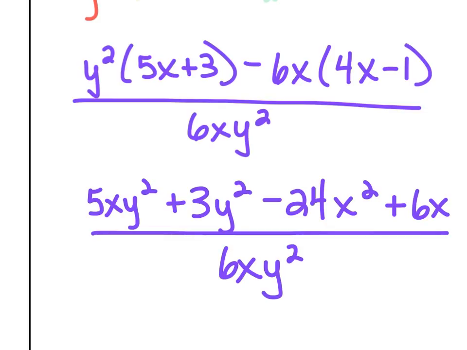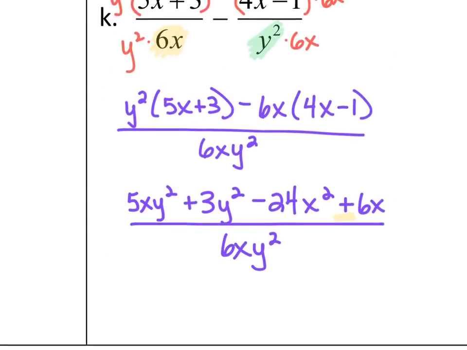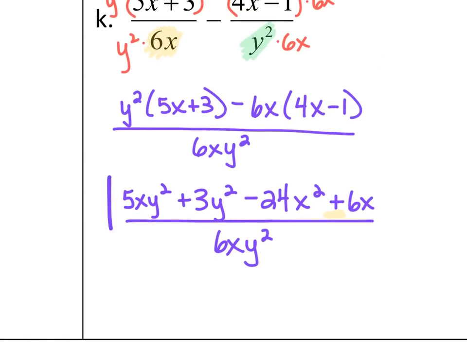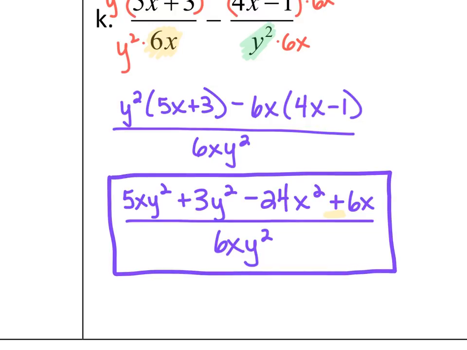Before you move ahead, make sure that you understand why there is a plus with the 6x. This plus at the end of the numerator is the one mistake that if somebody's going to make a mistake on this problem, it will be with that last term. Nothing cancels, nothing simplifies, nothing factors, and so I'm just going to leave that problem as is.